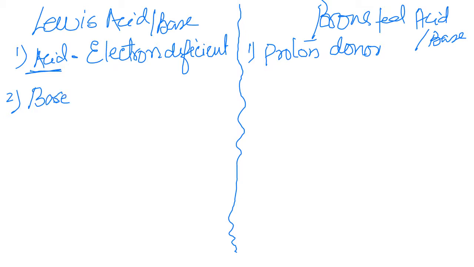Lewis acid, electron deficient. Okay, and Bronsted acid, proton donor. Right, opposite, right? Deficient means less. This is about the proton, and this is about the electron. This is the difference.